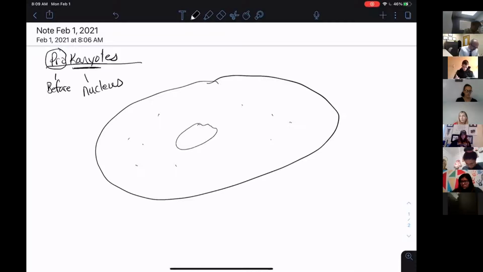So prokaryotes means before cells had a nucleus. There was no nucleus. This is DNA, so it's not a nucleus. If you remember from 5th grade science class, a nucleus is that structure in the middle where DNA is. We'll draw that at some point during the week. Prokaryotes, so it's before nucleus.